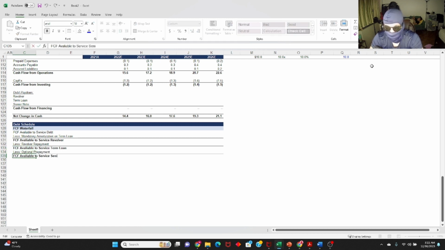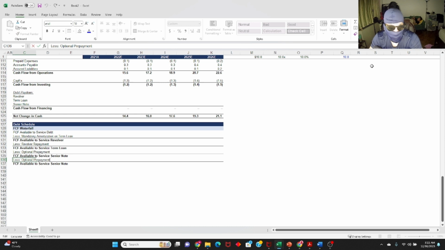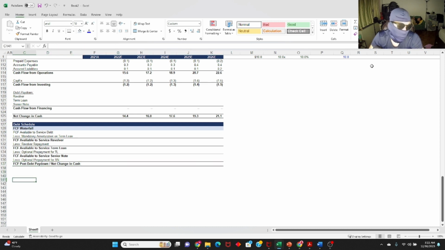And now you're left with your free cash flow available to service your senior note. And then you're going to have your optional prepayment for your senior note as well. And now after this, you're going to have your free cash flow post debt pay down, your net change in cash, which should theoretically zero out because we've built in a cash sweep here.